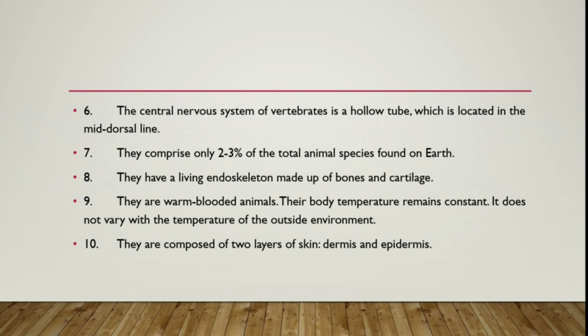It is unaffected by the temperature of the surrounding climate. They are composed of 2 layers of skin, the dermis and the epidermis. The dermis is the inner layer of the skin, and the epidermis is the outermost layer of skin, provides a waterproof barrier, and creates our skin tone.